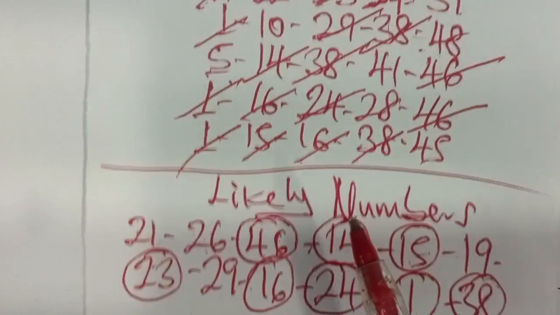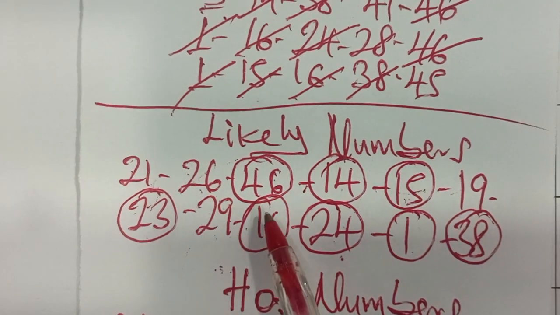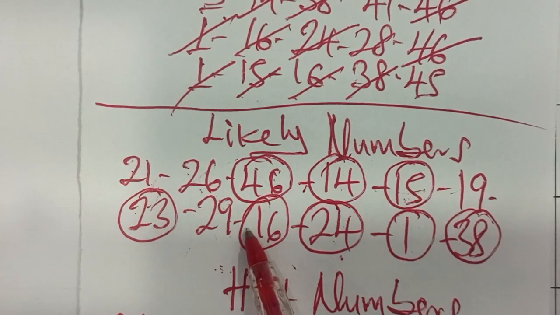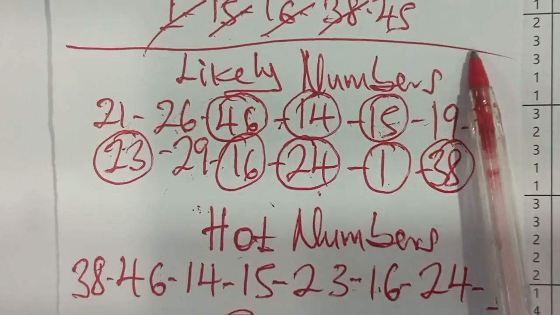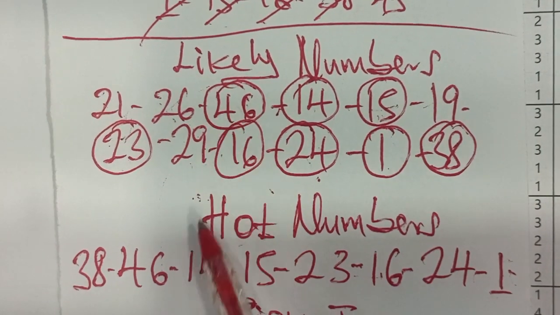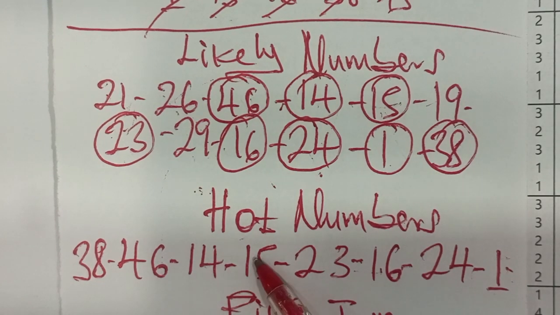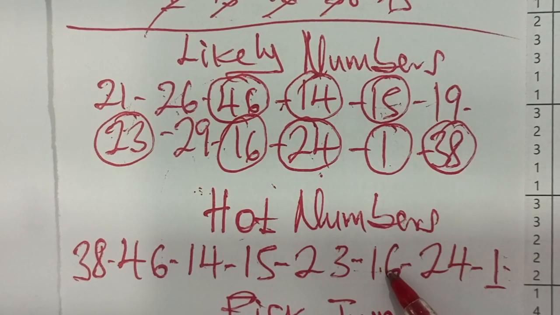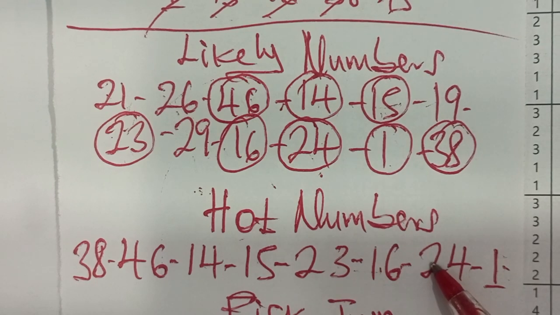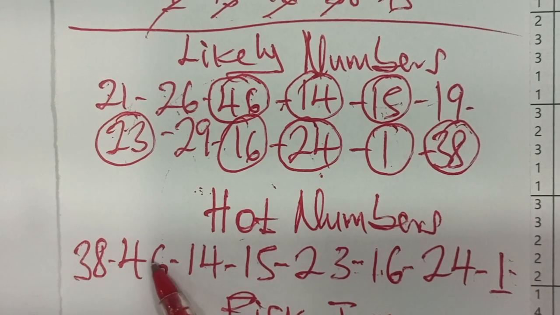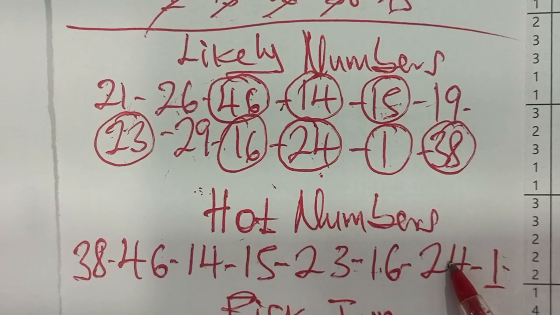Then the numbers that I've circled within the list, they are the hot numbers. So they include 38, 46, 14, 15, 23, 16, 24, and so on. So they are 1, 2, 3, 4, 5, 6, 7, 8.